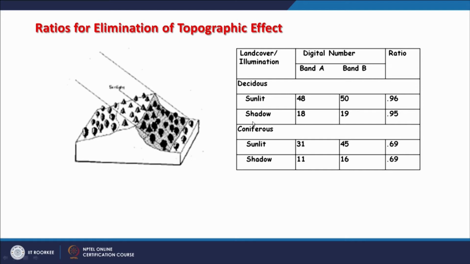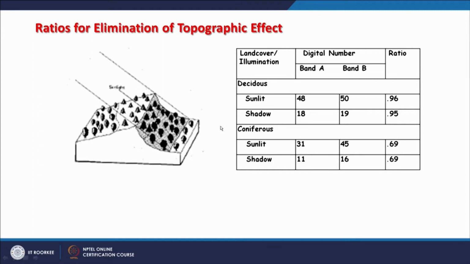Same in the case of shadow: in band A, or band 1, it is just 18, whereas in band B it is 19. So again the ratio is quite close to that of sunlight, and therefore the effect of shadow is reduced. Another example, this one was from deciduous trees, forest or vegetation.